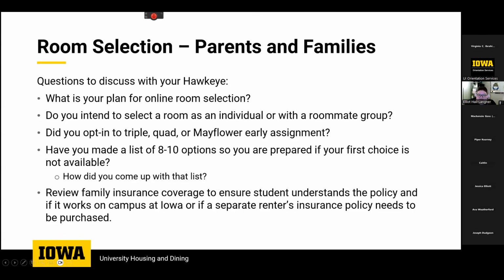Talk about that list of 8 to 10 options, and just how you're going to work through and be prepared if your first or second or third choice is not available. You can always talk about how did you come up with that list? And then review family insurance coverage to ensure that your student understands the policy and if it works and covers them while they're on campus at Iowa, or if a separate renter's insurance policy needs to be purchased.